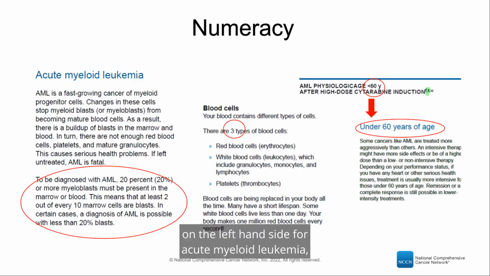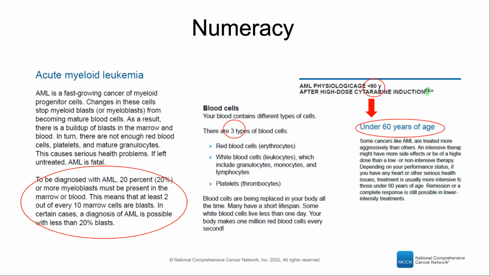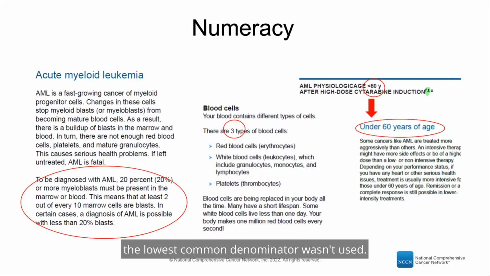So in this case, on the left-hand side for acute myeloid leukemia, the diagnosis is based on the number of blasts. They're a type of cell. And so we define it, right? In this case, the lowest common denominator wasn't used.